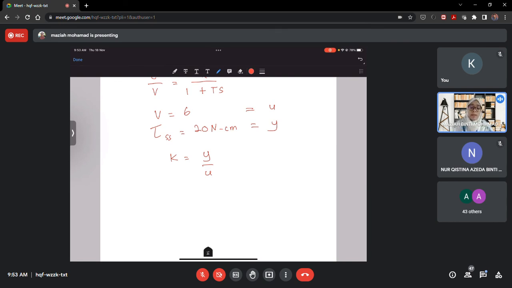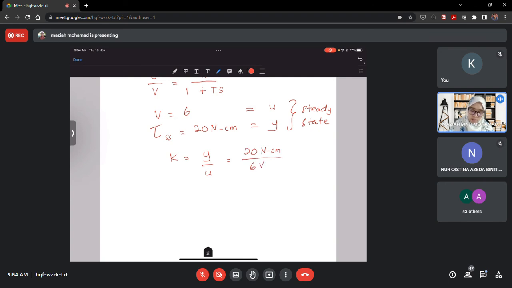Because the information given here is at steady state, so it will relate to K. Therefore we can calculate K. It is equal to 20 Newton centimeter divided by 6 volt.